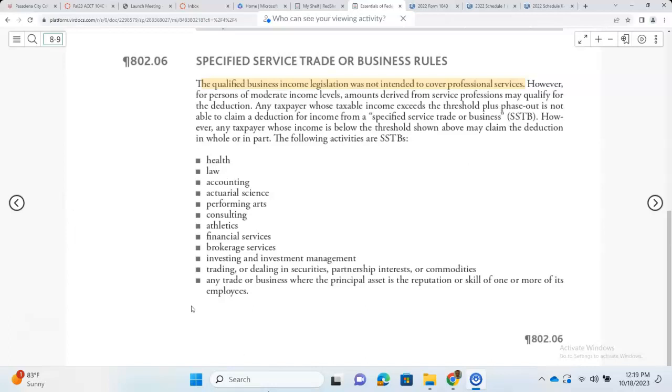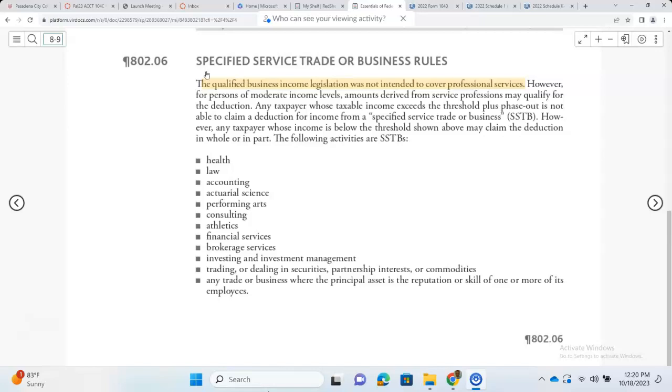However, it said, if your income is below that threshold, we consider you as a small type of business, even though it's professional, but small type of professional business, then you can use QBI, no problem.